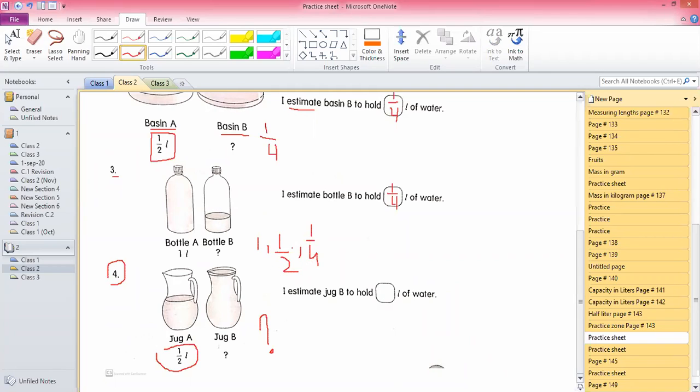Quarter. Quarter means half of half. Quarter means 250 milliliter. This is full. Half plus half. Half plus half is equal to what? 2 halves is equal to?